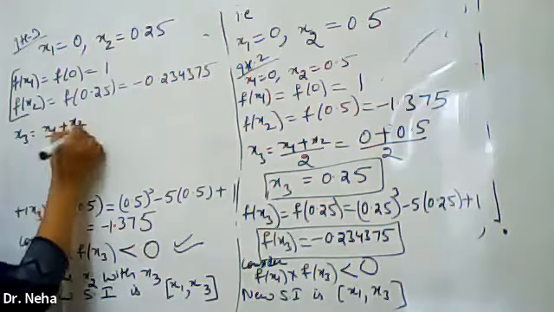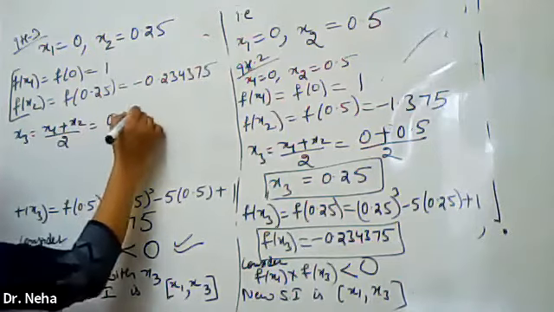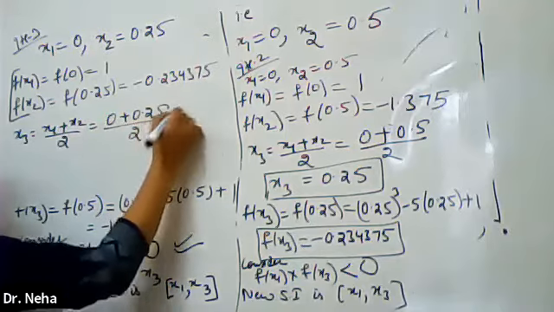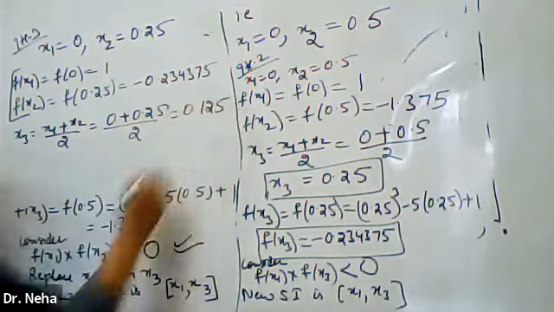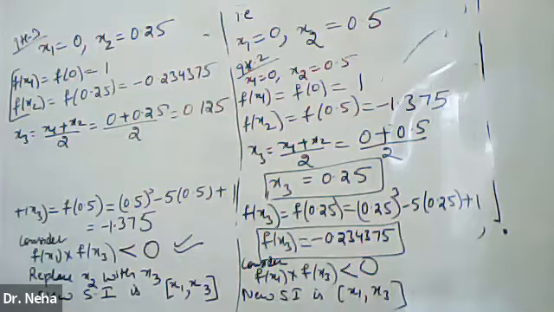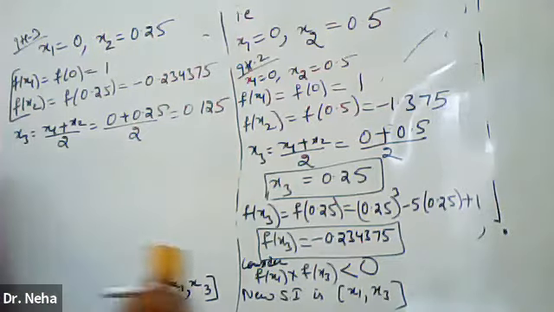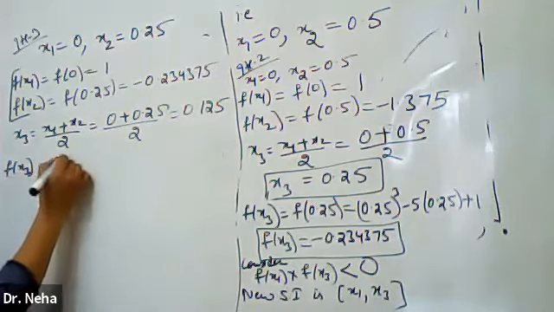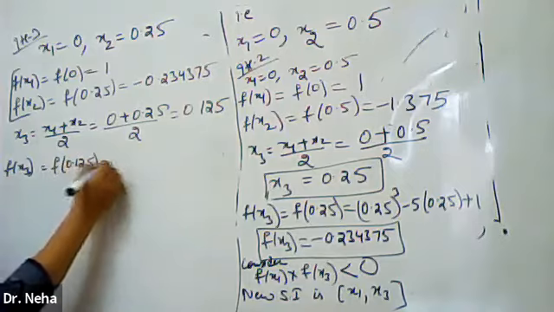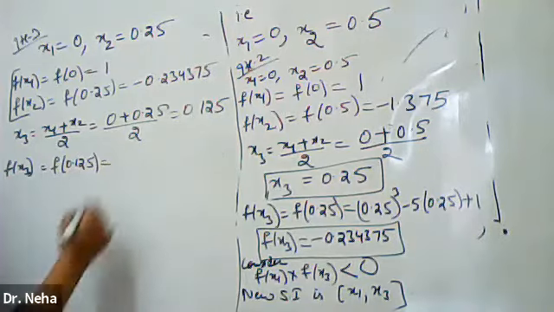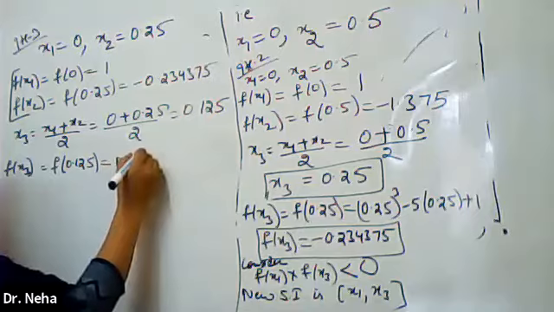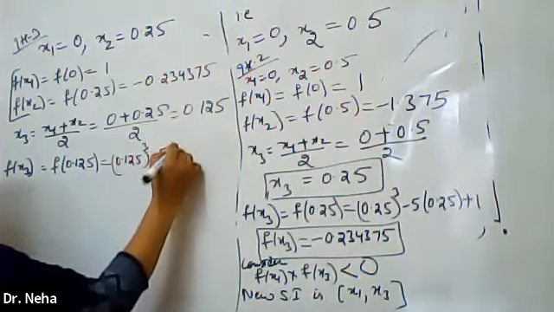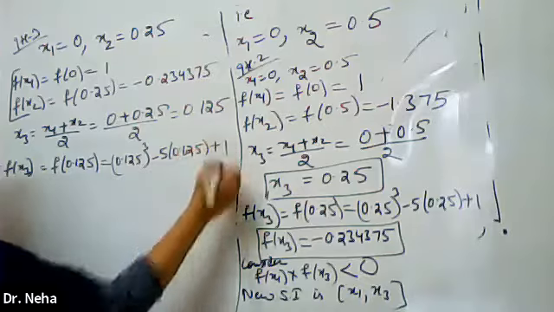Again find x3, x1 plus x2 divided by 2, 0 plus 0.25 divided by 2, it will give you 0.125. Clear? So 0.125, find the value of f(x3) at this particular point. f of 0.125. From where? From equation number 1. x cube minus 5x plus 1.